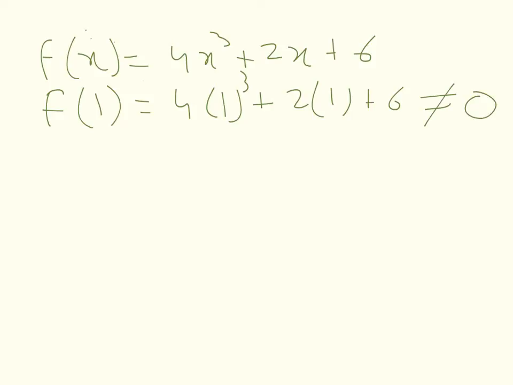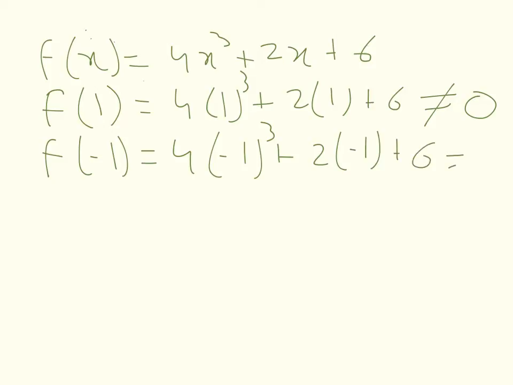So once I've replaced the value of x and substituted it with another number, if the answer is not 0, it cannot be a factor of the given polynomial. However, if I do input minus 1 in, what I have now is 4 into minus 1 cubed plus 2 into minus 1 plus 6, which gives me 0.